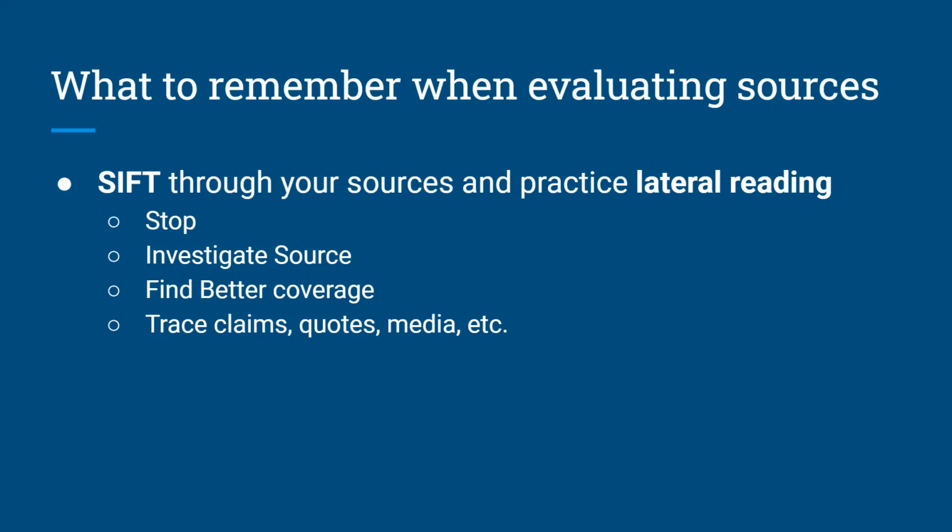Are these actual citations, especially if you're using ChatGPT or any other generative AI? There have been numerous cases where they have hallucinated sources and facts, where they'll come up with their own citation, but if you actually try to find the citation, it doesn't exist. So that's where you'll want to trace those claims.